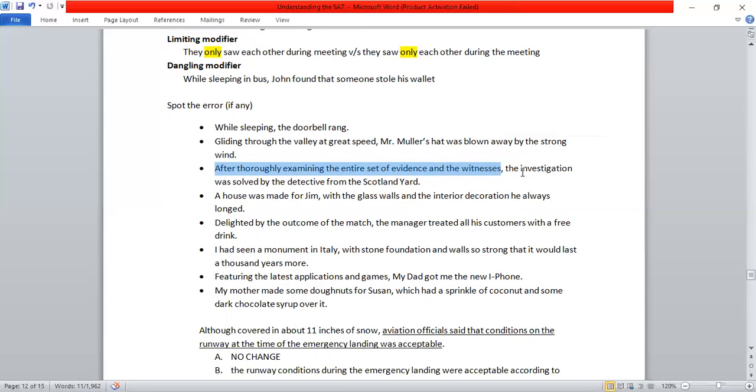So it says the investigation was solved by the detective. So who's supposed to thoroughly examine the set of evidence? The detective is. So I need the detective here. I need to change the position. I will say, after thoroughly examining the entire set of evidence and witnesses, the detective solved the investigation, or the detective from Scotland Yard solved the investigation. All right.